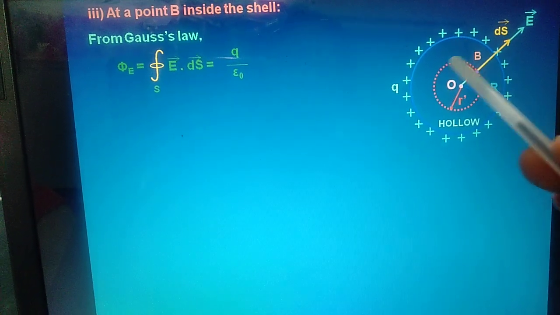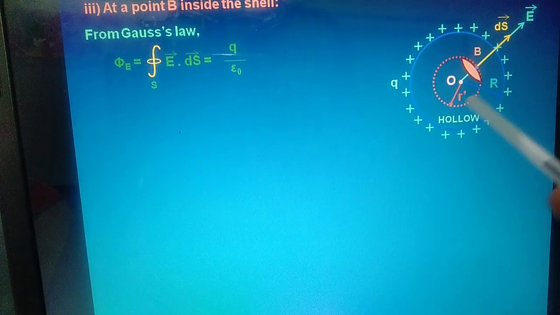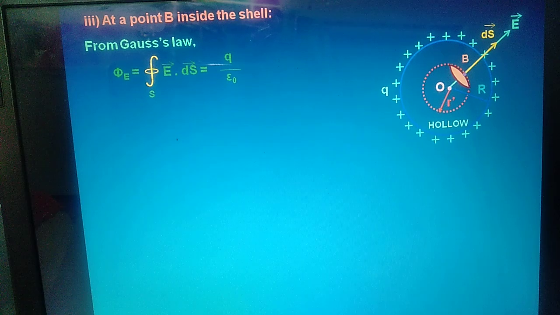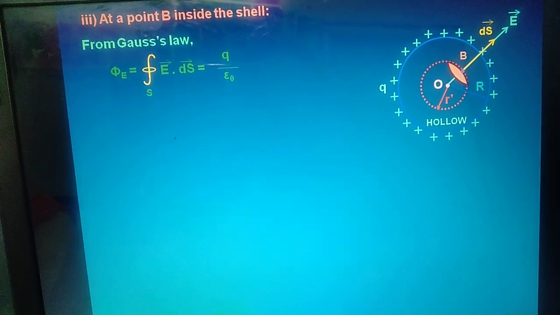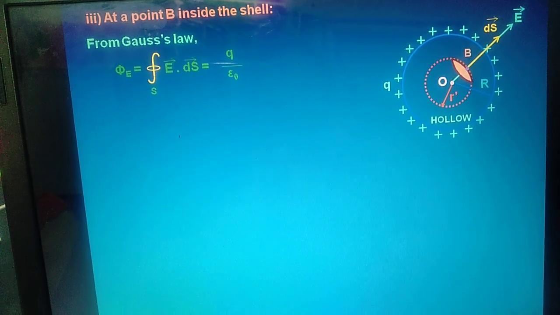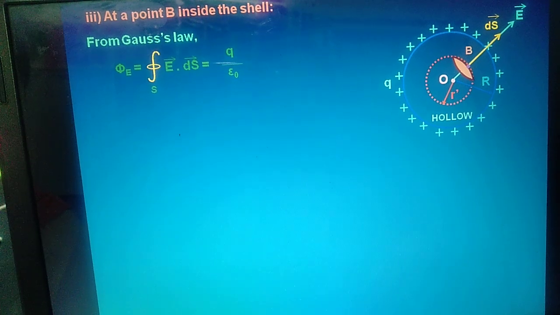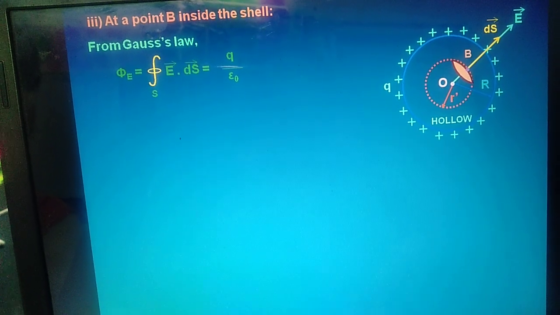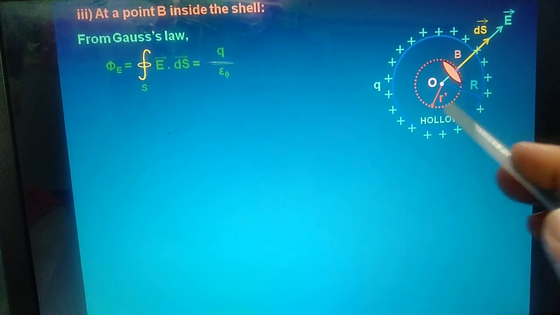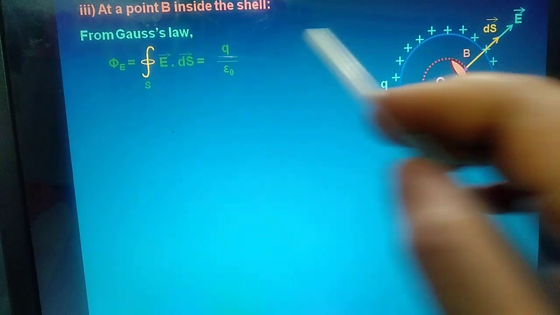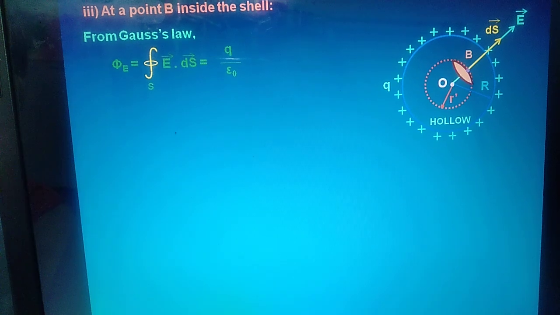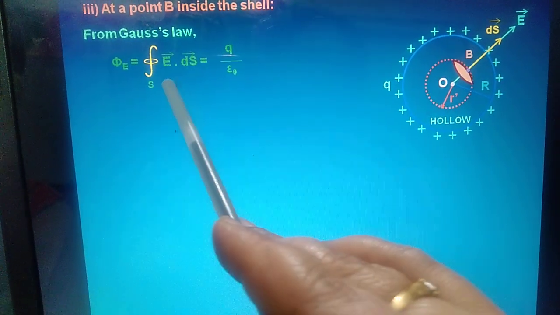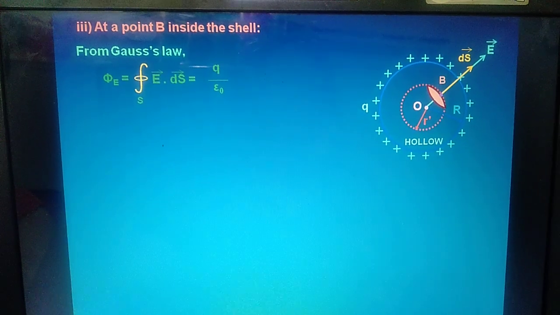This spherical shell is not bounding any charge, because Gauss's theorem says that the surface integral of electric field over a closed surface is equal to 1 by epsilon naught times the charge enclosed in it. The charge should be enclosed in the Gaussian surface, but there is no charge enclosed in it, so Q becomes equal to 0, and ds is actually 4 pi r dash square, but the electric field will finally be 0 because Q is equal to 0.